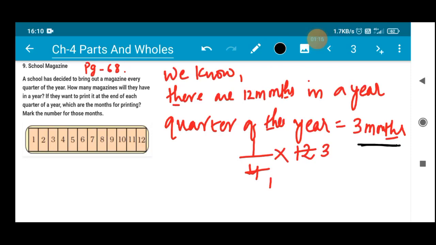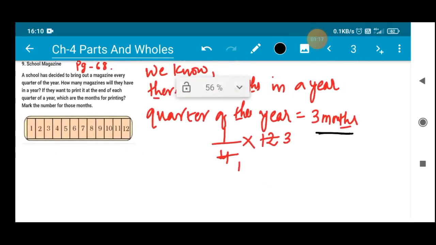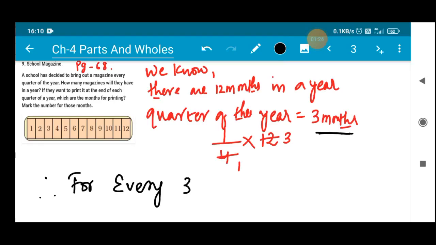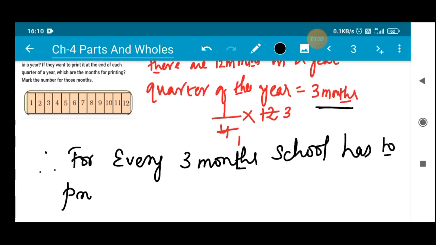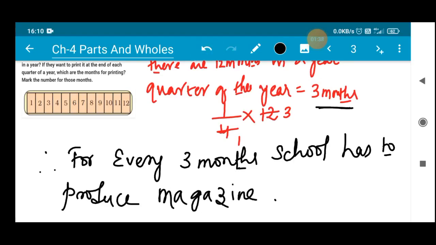If they are producing after every 1 by 4, that means quarter, that is every 3 months, every after 3 months.